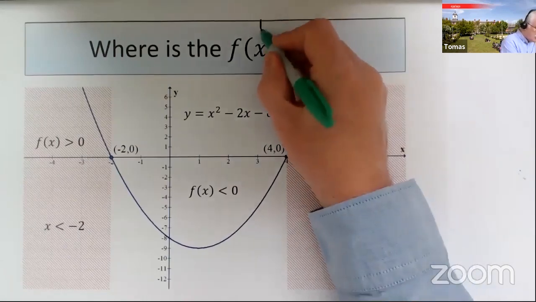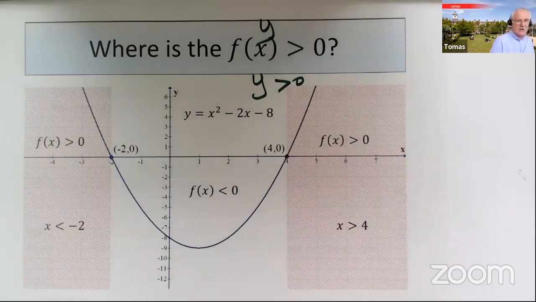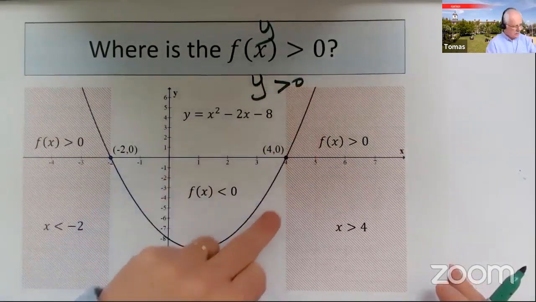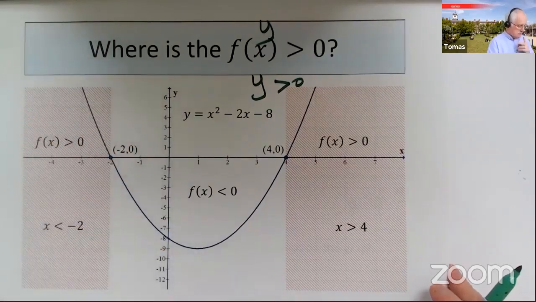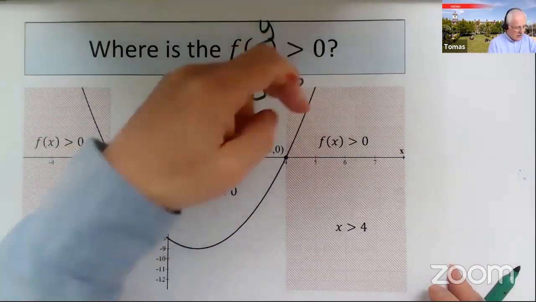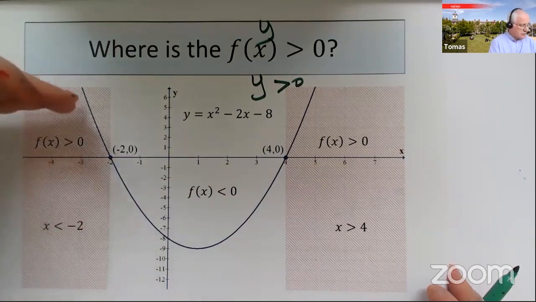So f of x is really y. That's all they're saying. So when is the y value greater than 0? Where are we above ground? It's clear we're above ground here, and this is the bit underwater.